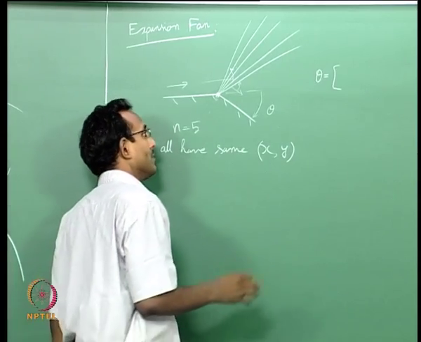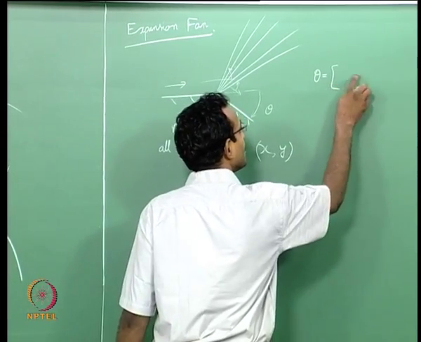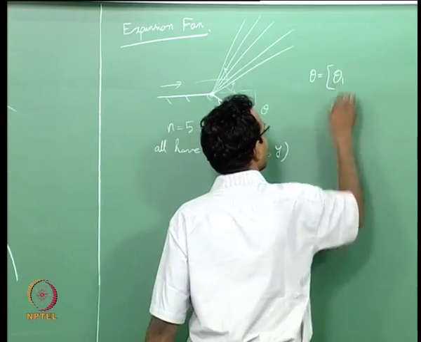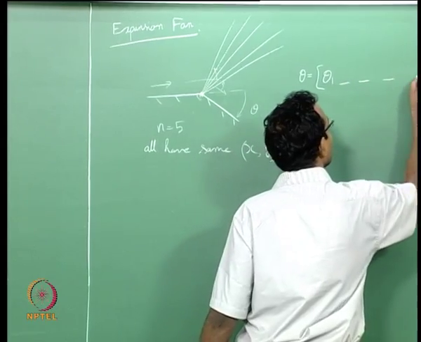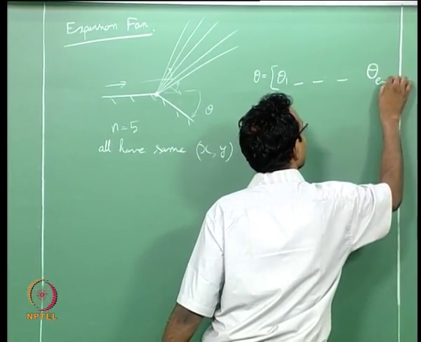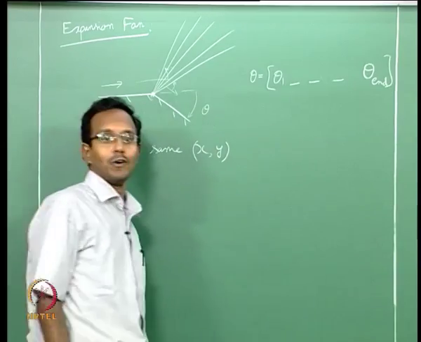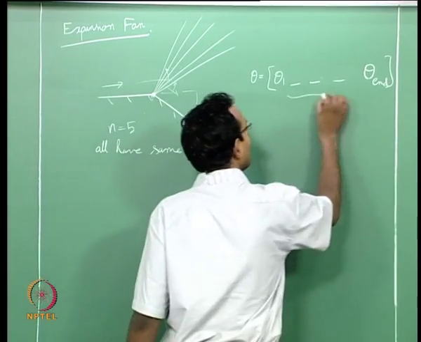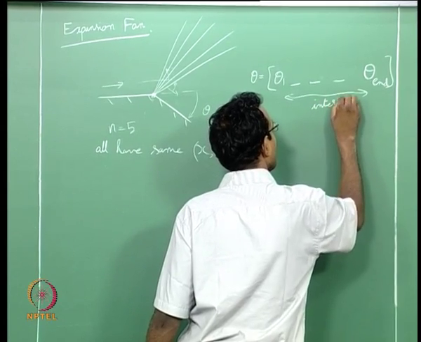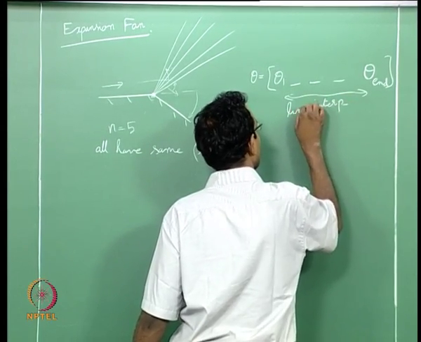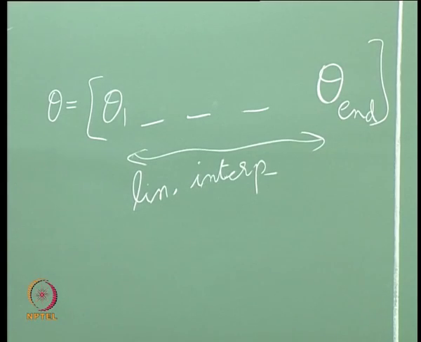Now how will I create those theta values? The first theta value is the same as your theta 1, okay, and the last theta value is your theta end. These two are known. Now what I do is I linearly interpolate inside here. I just do linear interpolation in between these, okay.